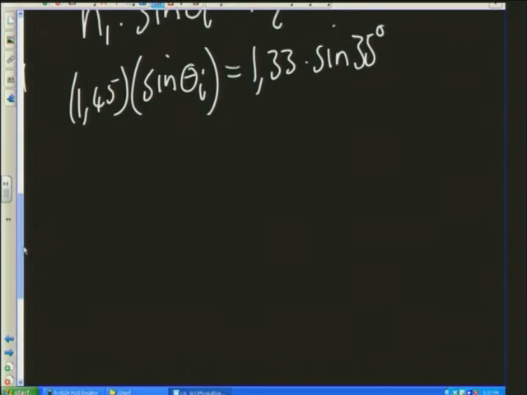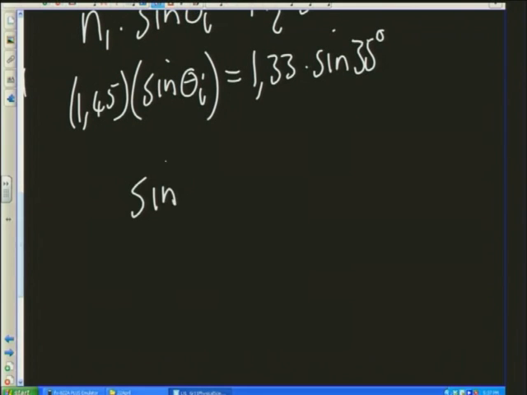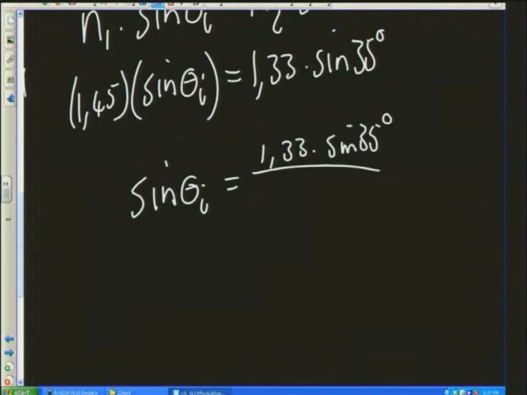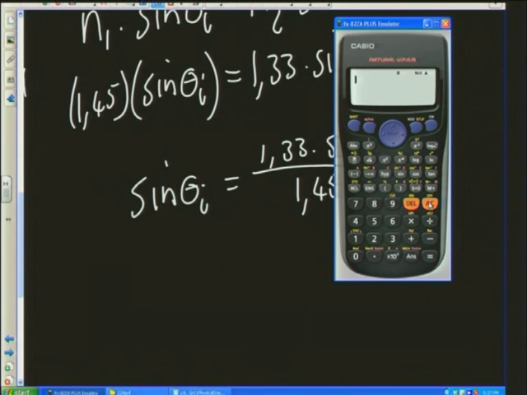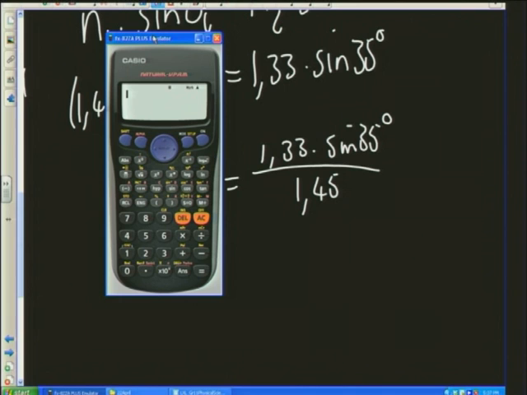So now that tells me that sine of theta i is equal to 1,33 times sine of 35 degrees divided by 1,45. So get out the calculator, and here I'm just going to do it the ordinary way. I'm not going to use the fraction button.